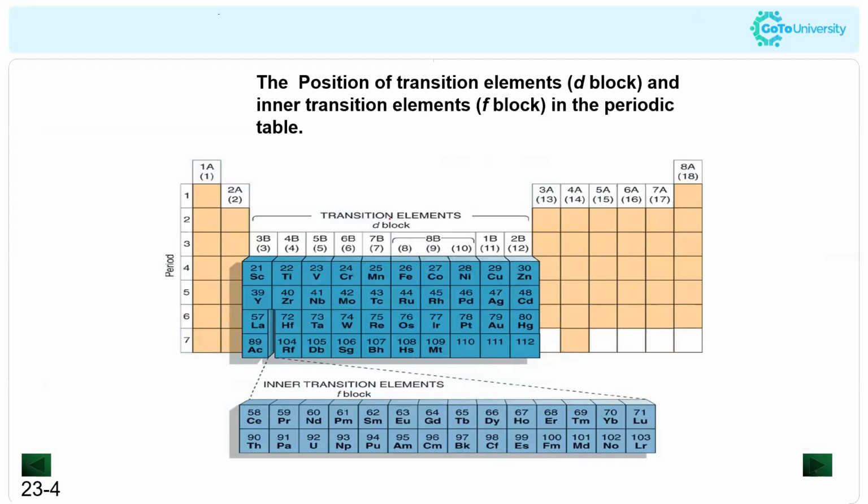Okay, so this is the periodic table. We can see the transition elements start from here and end here, right? We start from scandium, 21, and that series ends at zinc. Similarly, we have four different transition series.